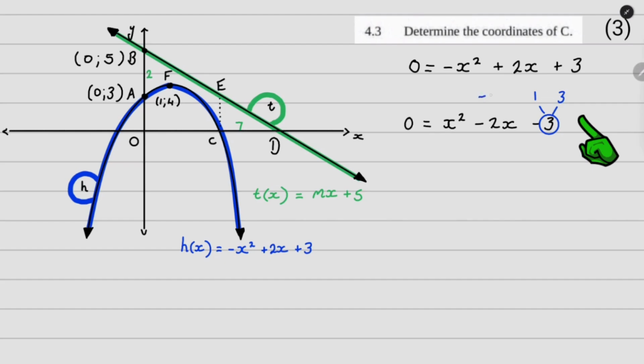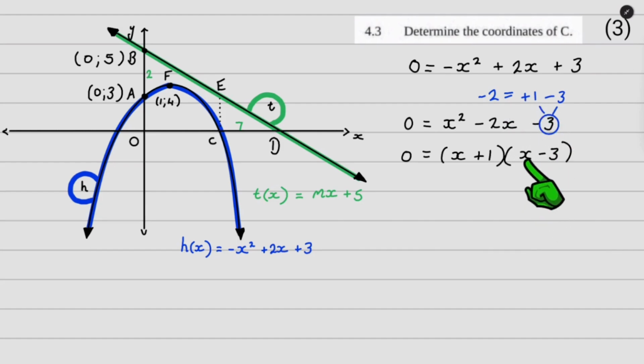So to get that negative 2, I can just say plus 1 minus 3, and that will give me the negative 2 in the middle. And from there we can make our 2 brackets, x plus 1 and x minus 3. And from there we equate each one to 0 and we get our 2 answers. So we get x equals negative 1 or x equals 3.